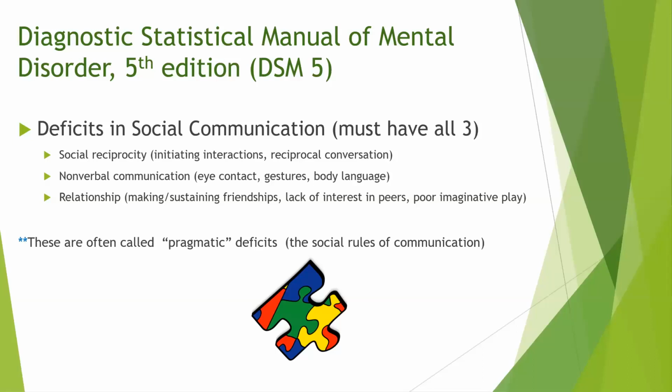First is social reciprocity. That involves the quality of interactions with other people, with family members, as well as with other children their age, and the child's ability or difficulty in holding reciprocal, back and forth conversations. Now, how do we assess nonverbal communication?